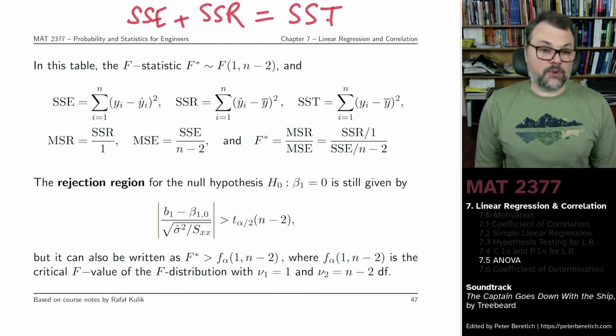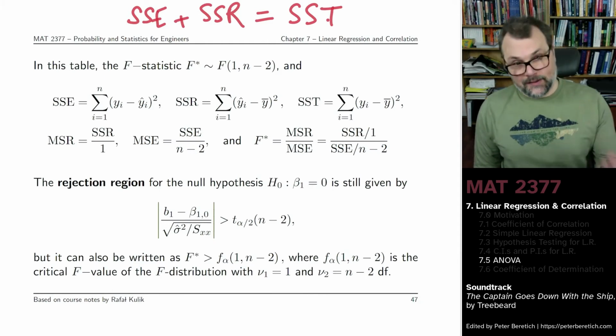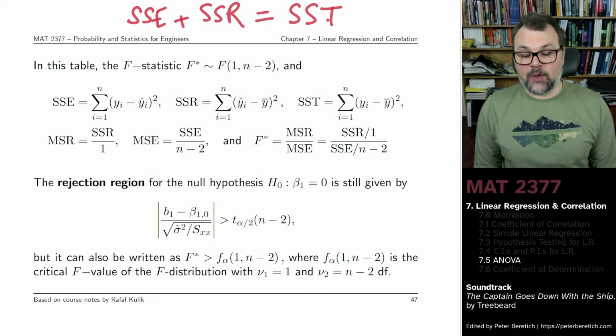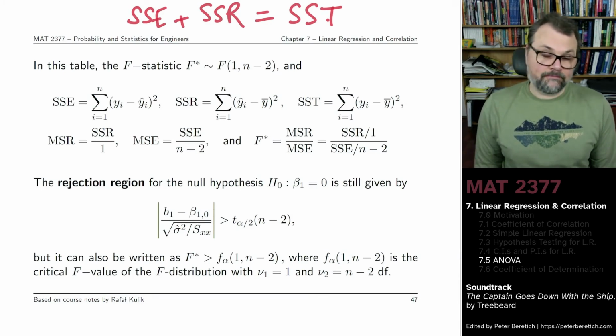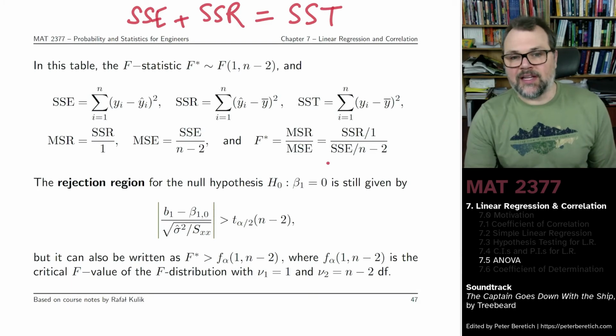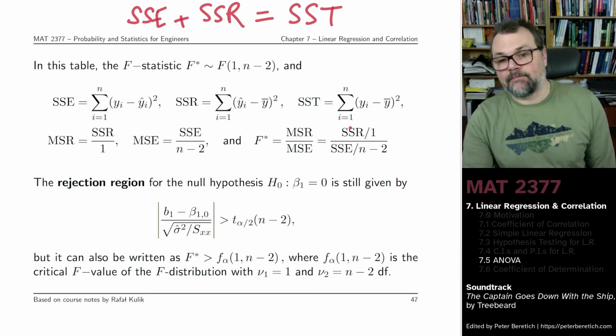The mean square for the regression is the sum of squares for the regression divided by 1. The mean square error is the sum of squares error divided by the degrees of freedom, n-2, and the F statistic is the ratio between MSR and MSE, the same thing as SSR divided by 1, divided by SSE divided by n-2.